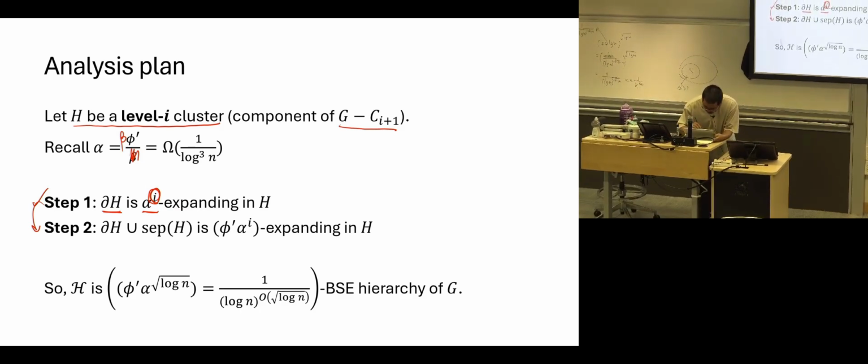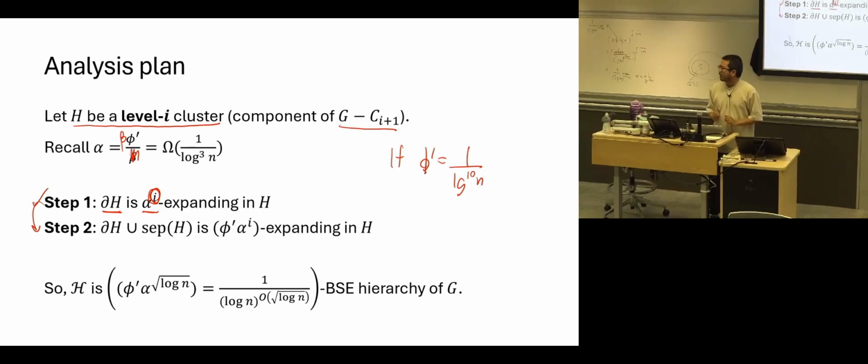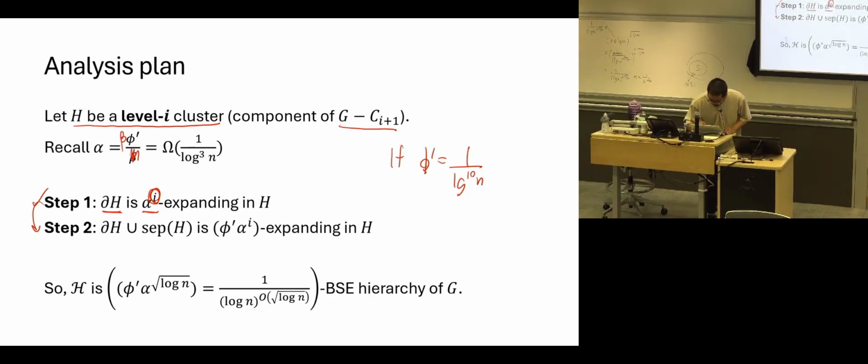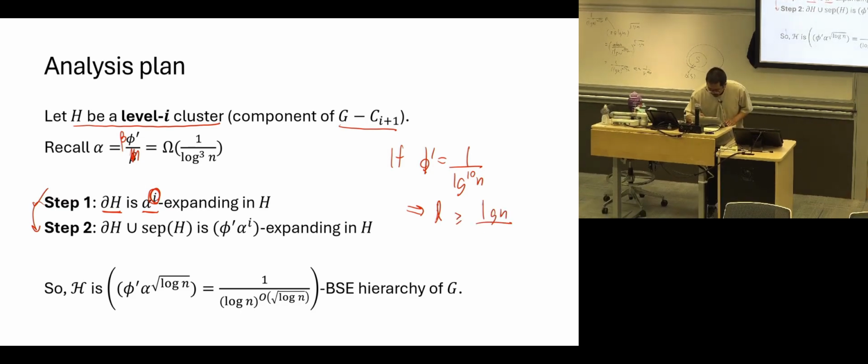If I set phi prime to be like 1 over log to the 10, just some polylog, then the number of levels L looks something close to log n over log n.